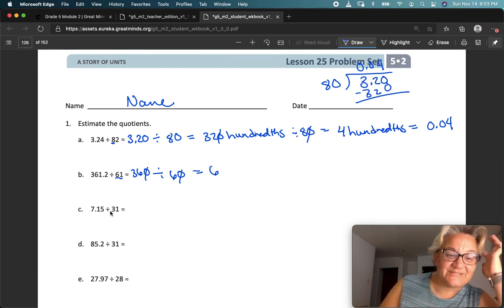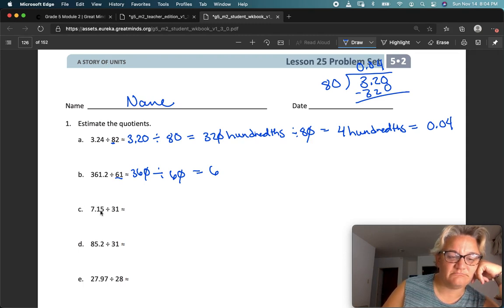Now, for letter C, I can't. So let's see what we've got. 3 doesn't go nicely into 7, does it? It's going to have a leftover. But if we have a leftover of 12, that might work. Not a big fan, but let's see what we can do.